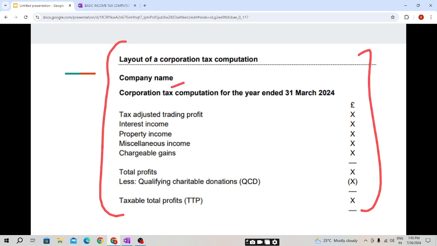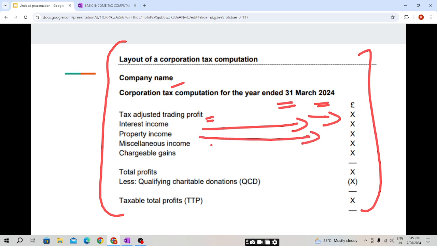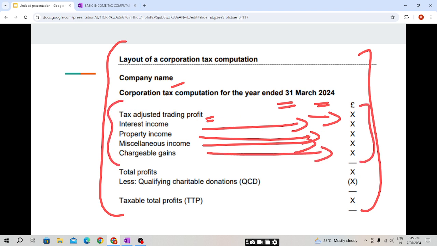Company's name, corporation tax computation for the year ended 31st March 2024: tax adjusted trading profit, interest income, property income, miscellaneous income, chargeable gain. So these all are the sources of income for the company. This will give rise to the total profits. Total profits less QCD, qualifying charitable donation, will give rise to the taxable total profits.